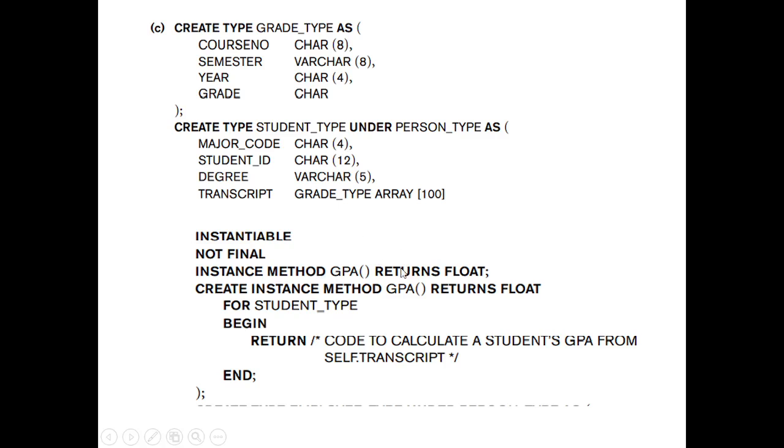We can define a method GPA, which will calculate the GPA and return a float, etc. So we have defined this object relational model and discussed some of its features.